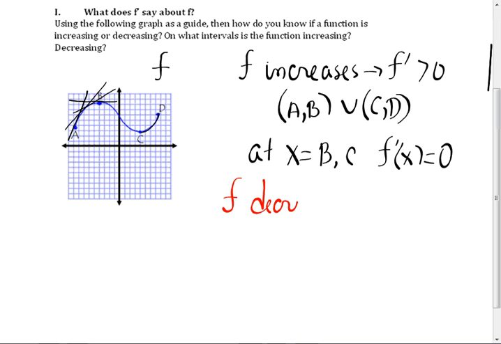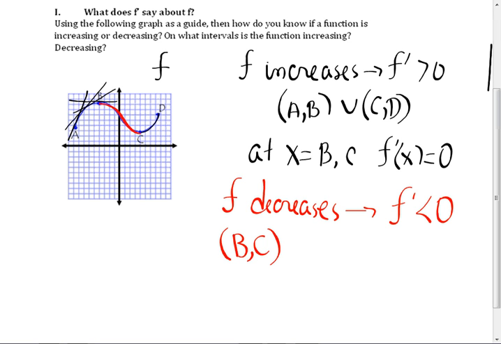Okay, how about decreasing? You remember this from last year, right? If you don't remember, you look at the graph, and my function is decreasing from B to C, right? And what's happening to the derivative there, or the slopes there? F prime is less than 0. So if the derivative is positive, then my function's increasing.